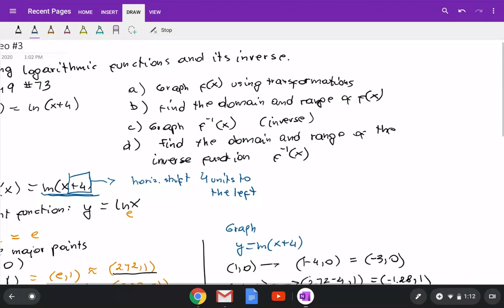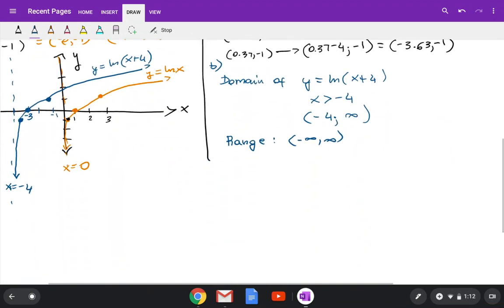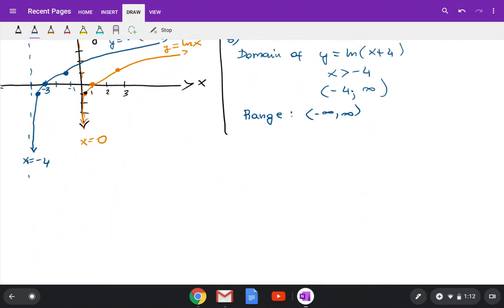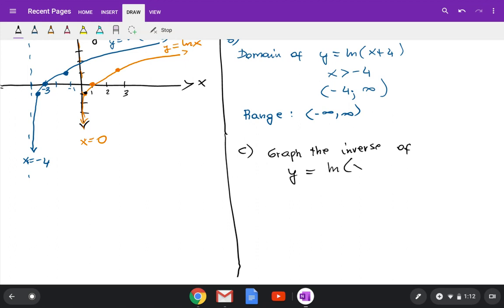Now, part C, they want you to graph the inverse. So I will graph it using the same graph. Hope it's not too much. C, graph the inverse of y equals ln of x plus 4.